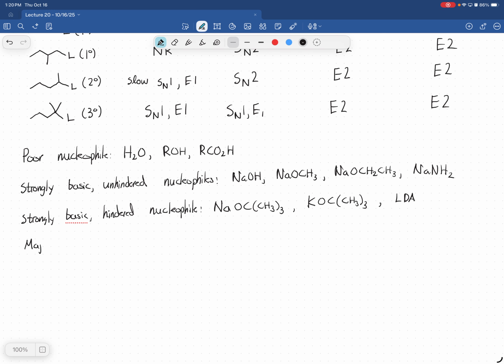So I made a list at the start of our notes a few weeks ago. But those lists are pretty good, inclusive of the good but weakly basic nucleophiles. Weakly basic.